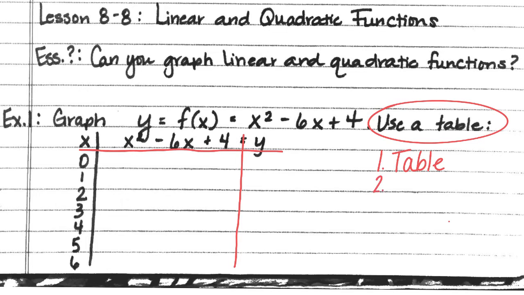The second thing I shared today in class is the vertex formula. The x part of the vertex is equal to the opposite of b over 2a. So we first have to know f of x is a fancy way of saying y, and then we have ax squared plus bx plus c, where my a is this invisible 1, my b is -6, and my c is 4.